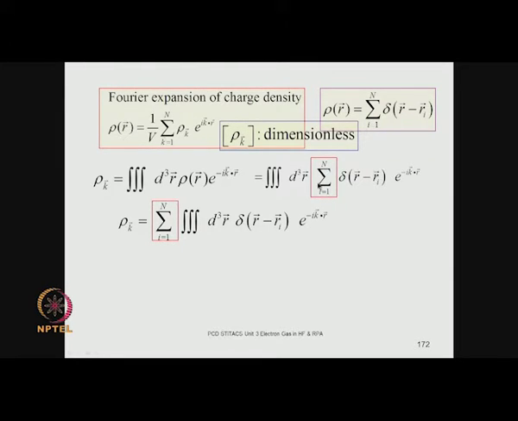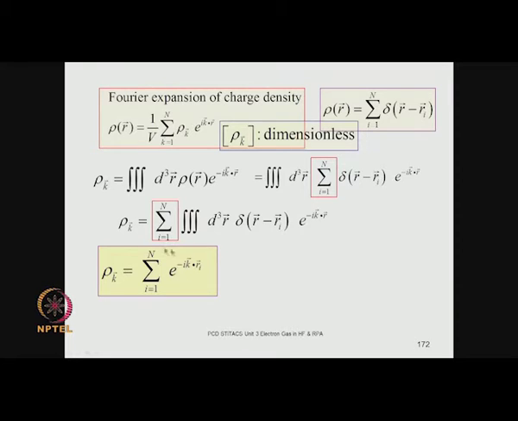So these are completely independent operations, so you can write this behind the integration, and then you carry out this integration over here, so that essentially what you will find is that the Fourier component is given by sum over i going from 1 through n, and under this Dirac delta integration, the only term that will survive is e to the minus i k dot r for r equal to ri, because of this delta. r must be equal to ri, otherwise the integral will vanish.